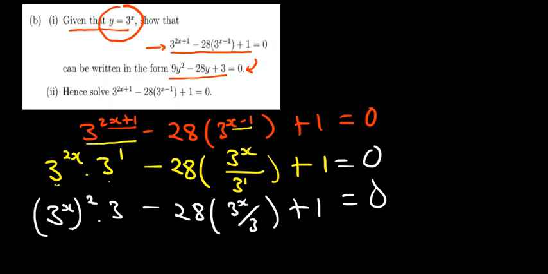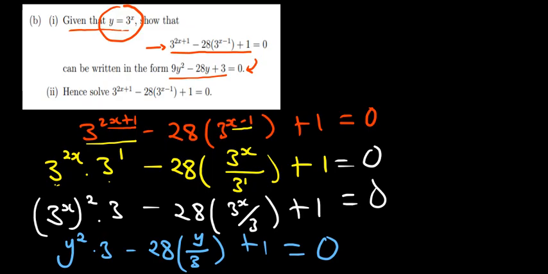Wherever we see 3 to the power x, we put y. So that will be y squared multiplied by 3, minus 28 times y divided by 3, plus 1 is equal to 0.